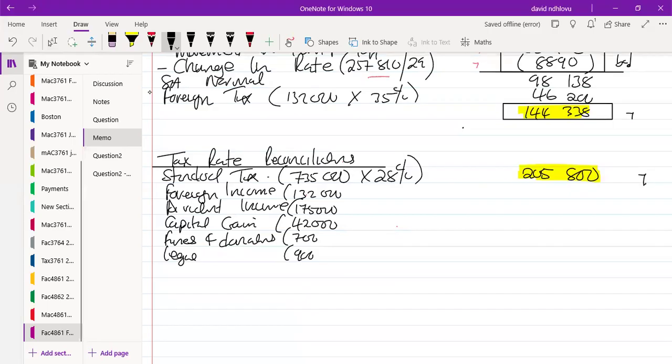Right. These are the original figures before any tax impact. But since I have already extrapolated their impact in terms of taxation here, if I'm going to now reverse these, I now have to reverse them after 28%. So multiplied by 28%.